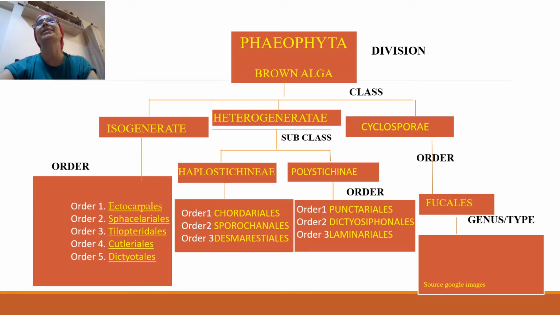Why is the order Fucales? Because the type which was thoroughly studied first under this order was Fucus. So on the basis of that, he named this order as Fucales. And the genus which we are going to study is Sargassum. And you can see the picture also, how does Sargassum look like?